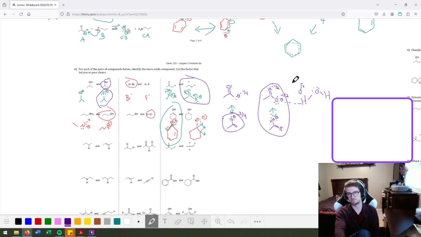There's a partially positive charge on the hydrogens, and so instead of these electrons being, ooh, that's a nice little pair.